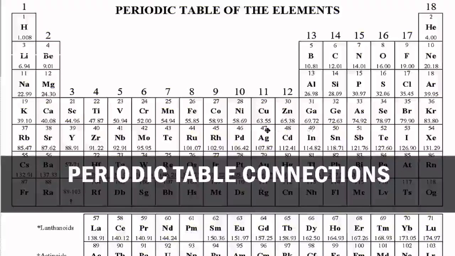Atomic radius peaks at francium down here, as you go to the bottom and left of the chart. And then ionization energy peaks at helium. So electronegativity ignores all the noble gases, while ionization doesn't, and so that's why helium is where it peaks.